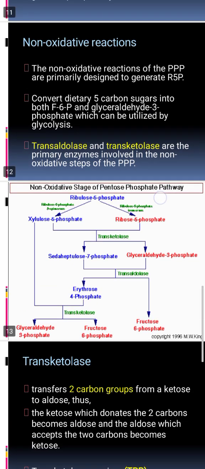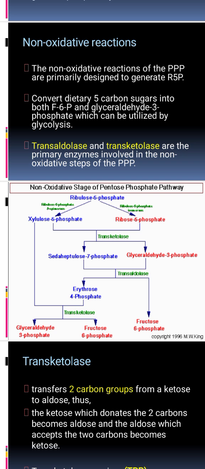If we have a look at this diagram of the non-oxidative stage of the pentose phosphate pathway, it shows the reactions of the non-oxidative stage, which starts with ribulose 5-phosphate. It gives us first products, which are ribose 5-phosphate and xylulose 5-phosphate.